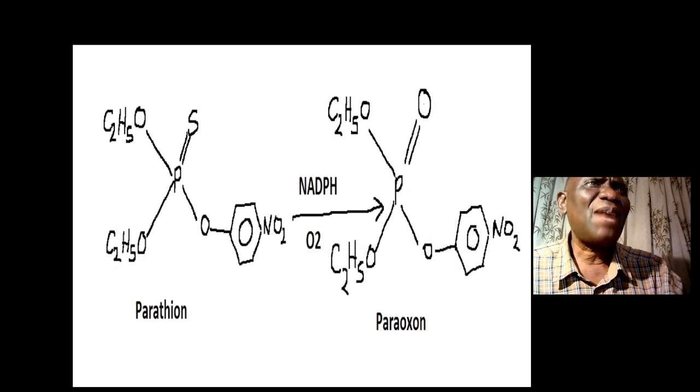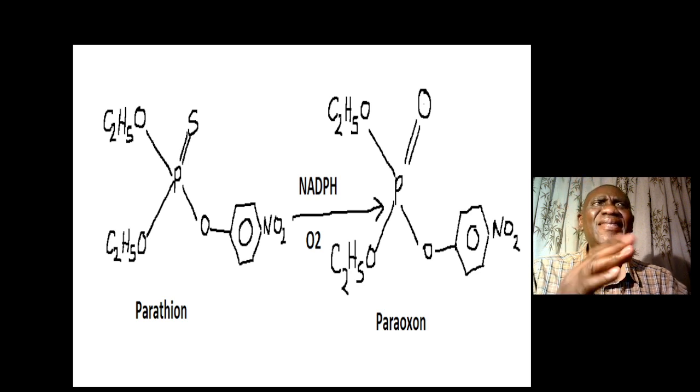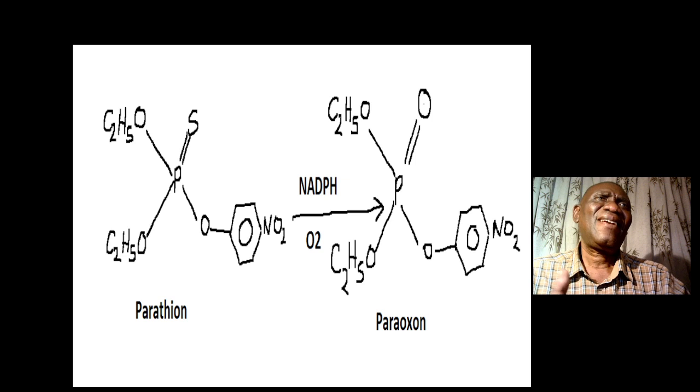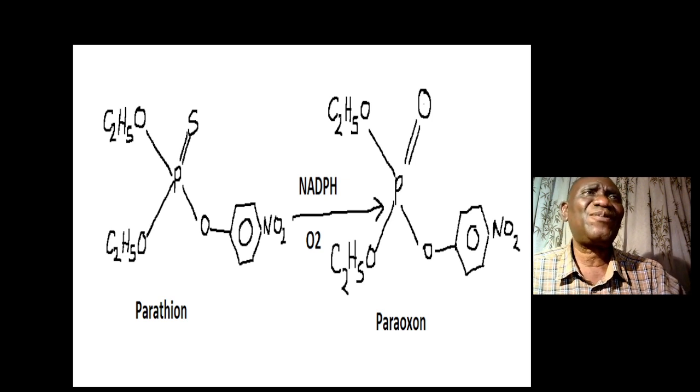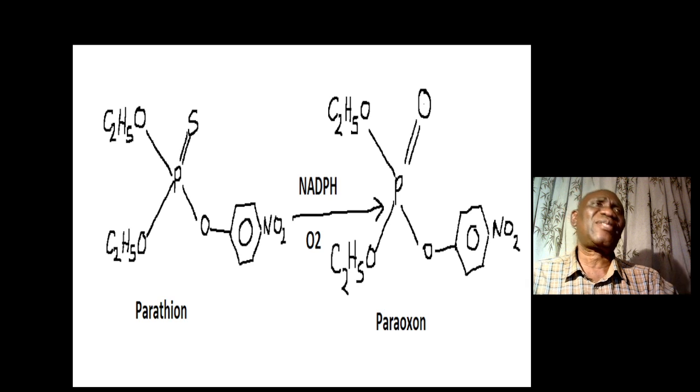It can happen to parathion, where you have sulfur here. Maybe this is less toxic, but paraoxon could be highly toxic. You may have to check. If we remove sulfur and put oxygen, we make this more toxic, I think.